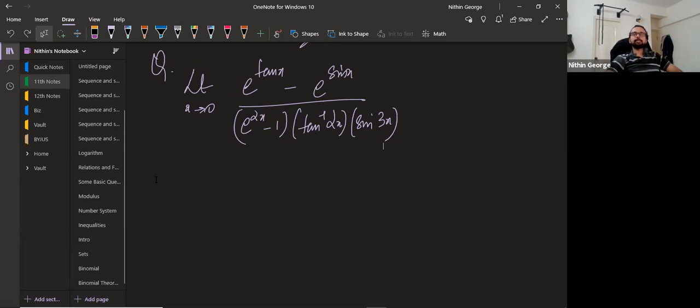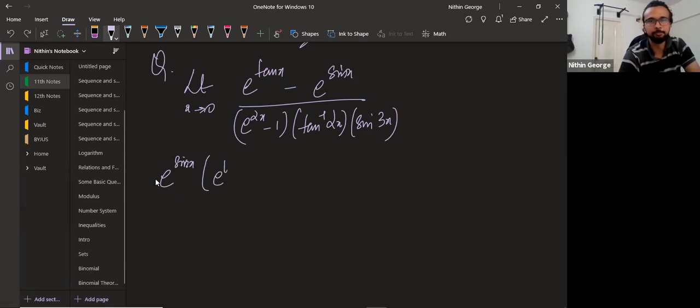The tan inverse 2x, sin 3x and all, you can deal with in one go. Don't focus on that. Look at the denominator. Look at the numerator. E power tan x minus e power sin x. Here, my first step would generally be, I'll just start the problem off for you. I'll take e power sin x common.